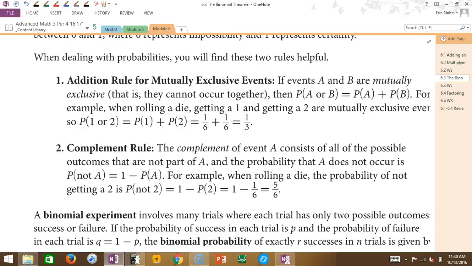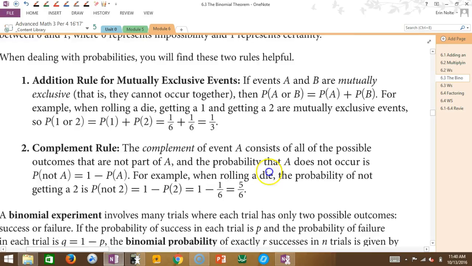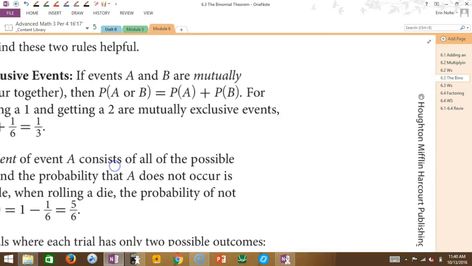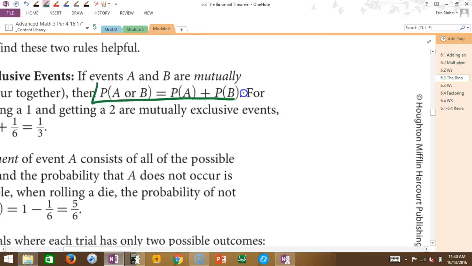They're two separate events. So for example, if I'm asked to find the probability of A or B, I can figure the probability of A and add it to the probability of B.